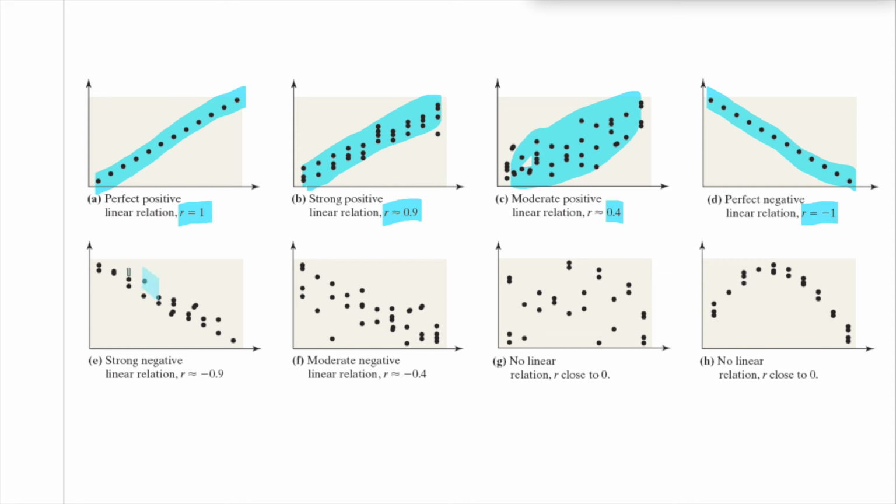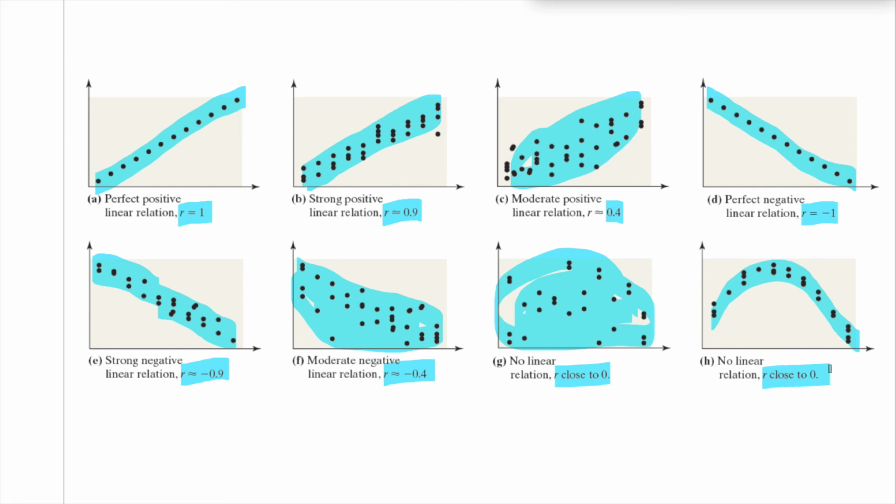And then if you had two variables that were still negatively related but not perfectly, then that R just gets a little bit closer to 0, maybe around -0.9. And then again, like I said, if you just had a cloud of data points, that's no relationship at all, which would give you an R close to 0. And if you had data that were related but not linearly, you would also get an R close to 0.